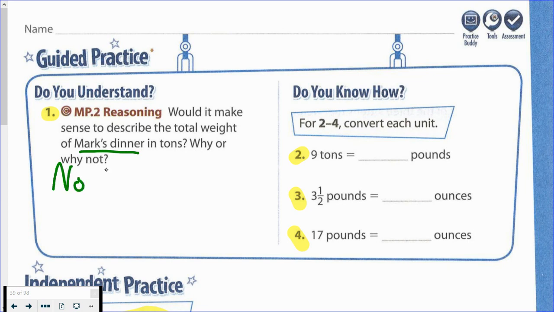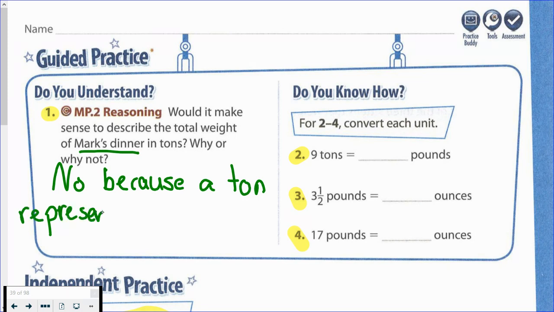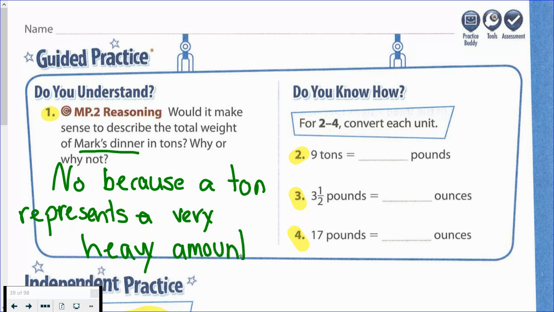No, because a ton represents a very heavy amount. Okay, it would be a little ridiculous to measure his dinner using tons.